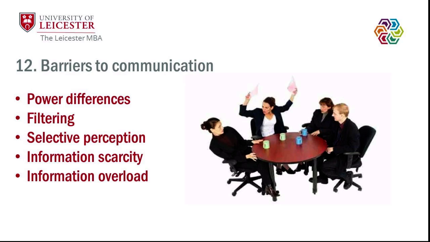In contemporary organisations, this is often found with electronic communication, like emails, which have a tendency to proliferate. The sheer volume of emails we receive means that it's impossible to distinguish those that are important from those that are irrelevant. And as a consequence, we might actually ignore something that is important.